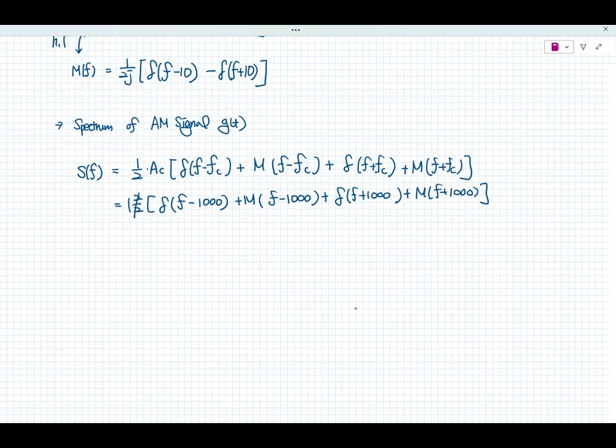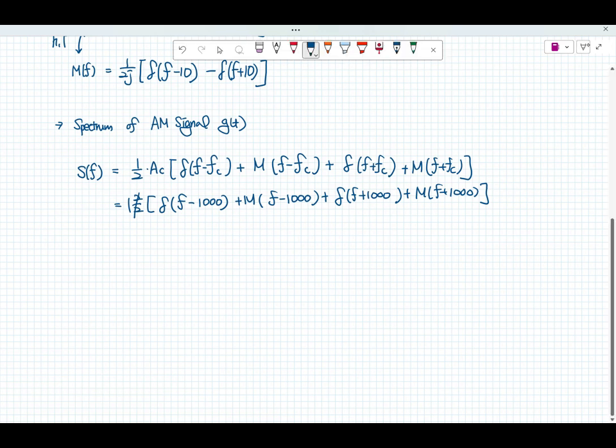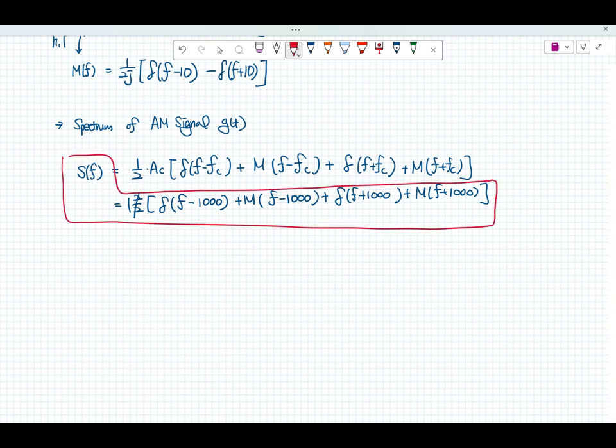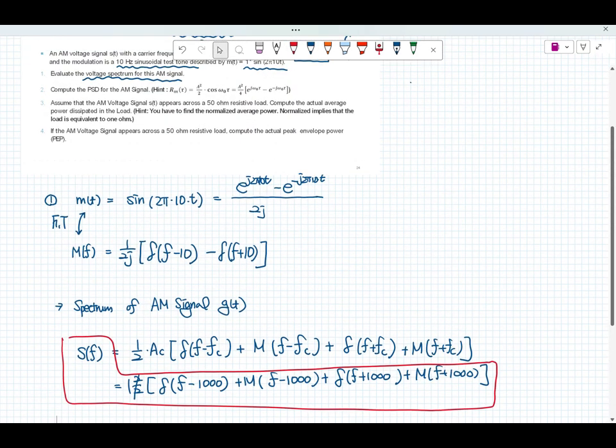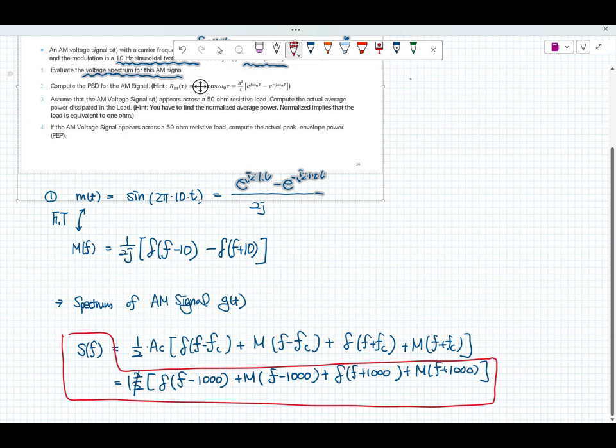That is the answer for question one, the voltage spectrum of the AM signal.